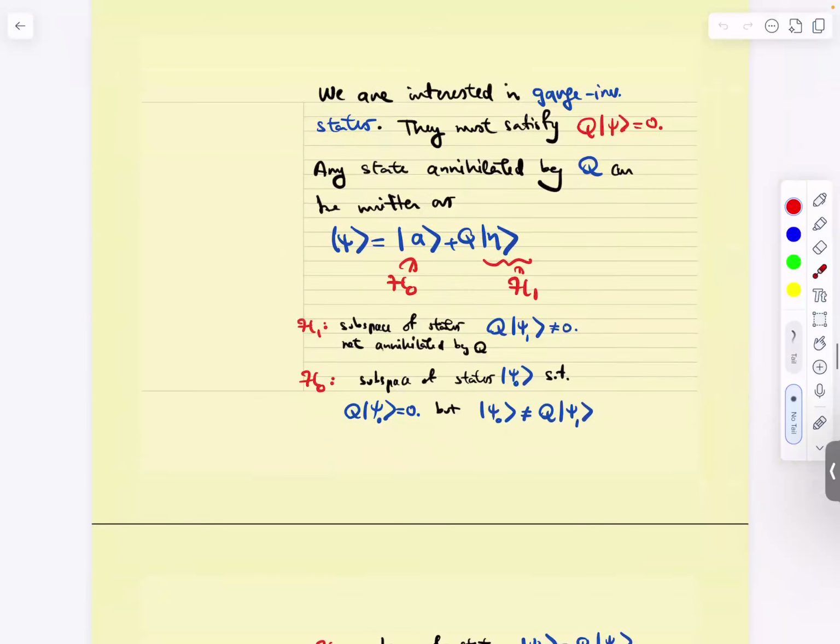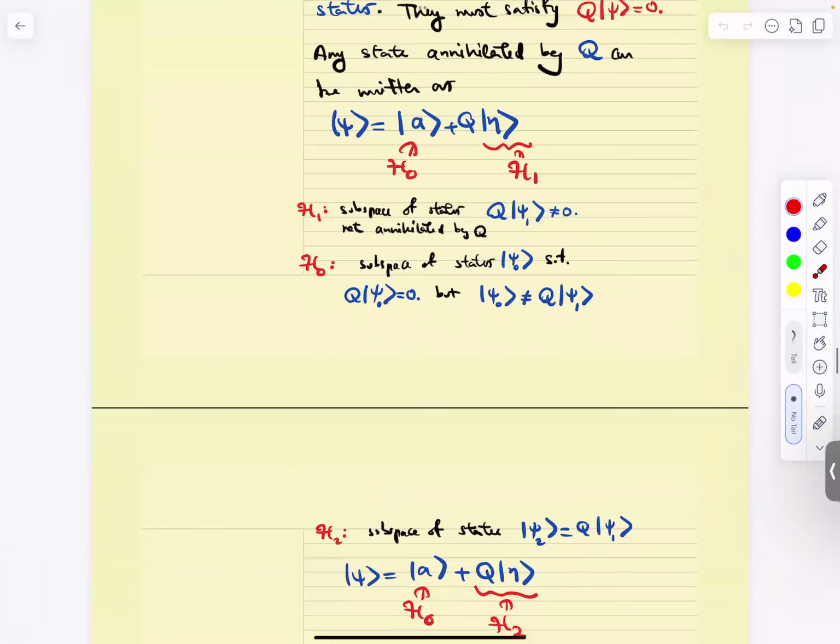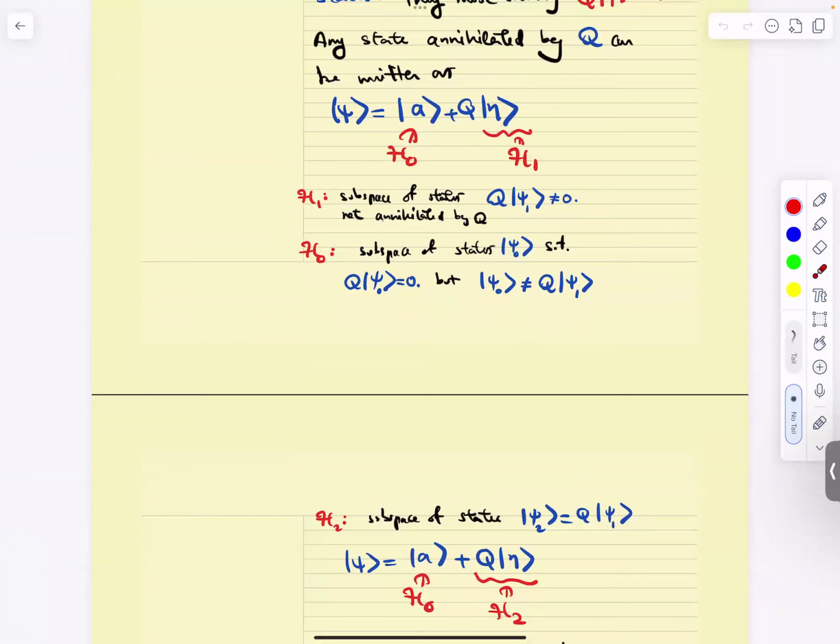Now, from this point of view, there are 3 subspaces we can talk about. There's a subspace of states that are not annihilated by Q. That's what we're going to call H1. These are the vectors we're going to pick here. Eta belongs to H1. H0 is a subspace of psi naughts that are killed by Q, but psi naught is not Q of something else.